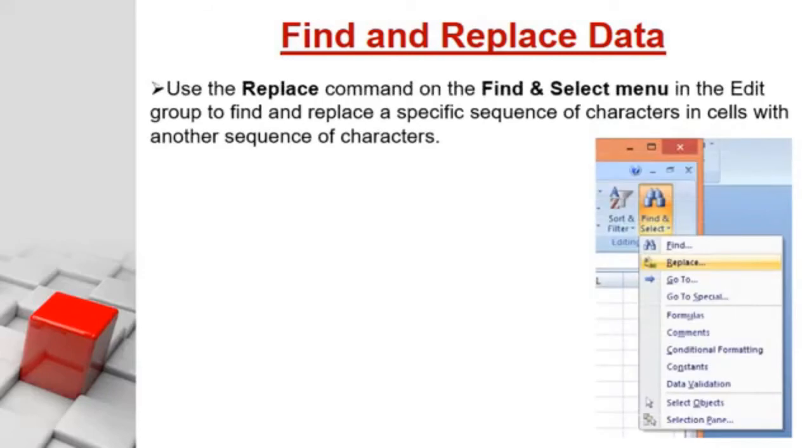How to find and replace data. Use the Replace command on the Find and Select menu in the Editing group to find and replace a specific sequence of characters in cells with another sequence of characters.